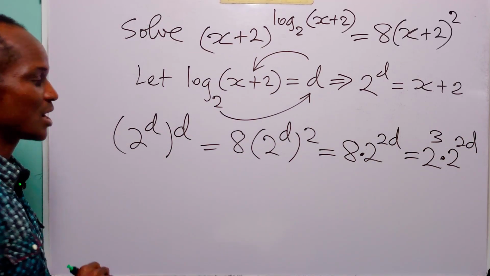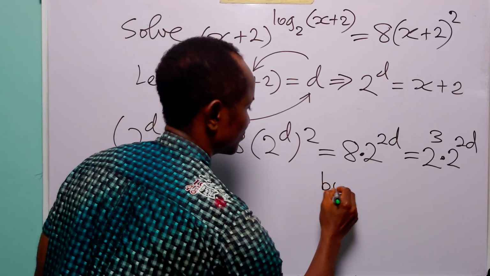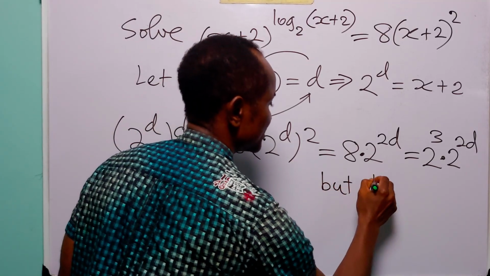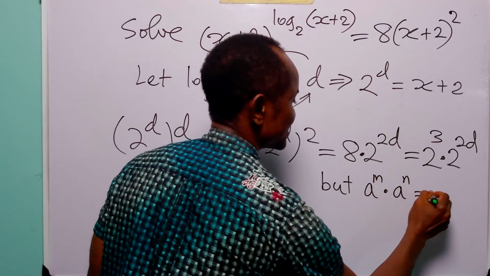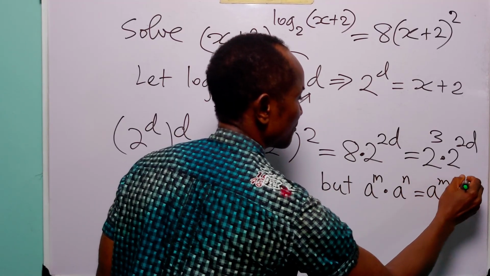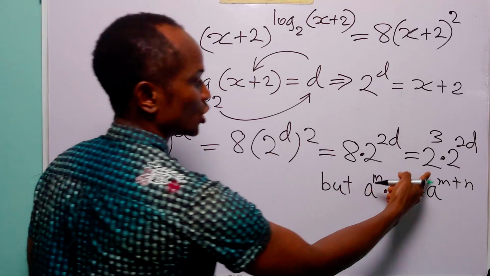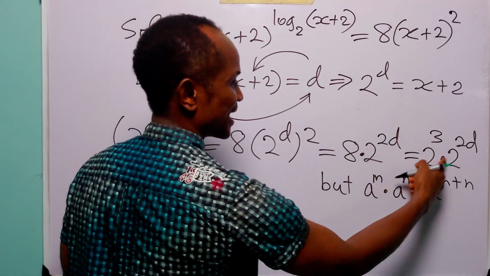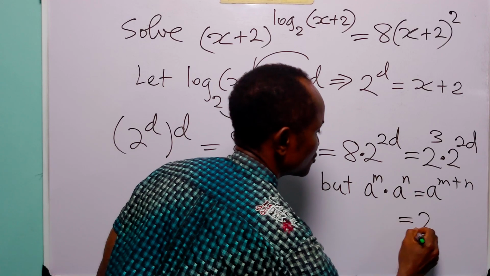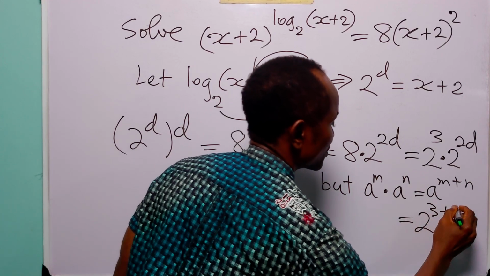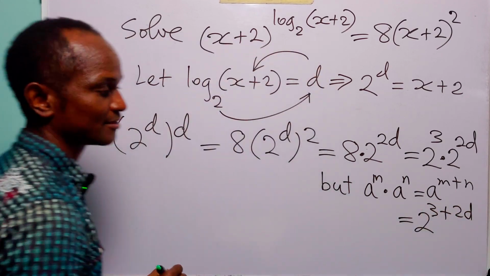And then remember that a to the power m multiplied by a to the power n is equal to a to the power m plus n. So 2 to the power 3 multiplied by 2 to the power 2d is equal to 2 to the power 3 plus 2d.